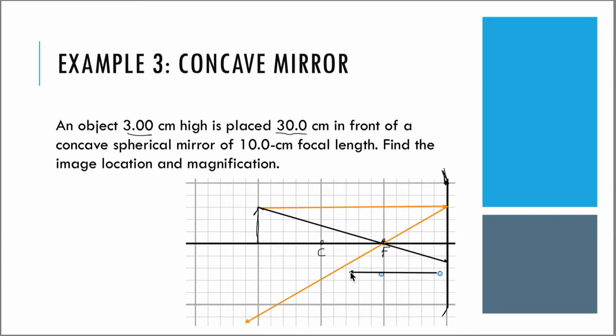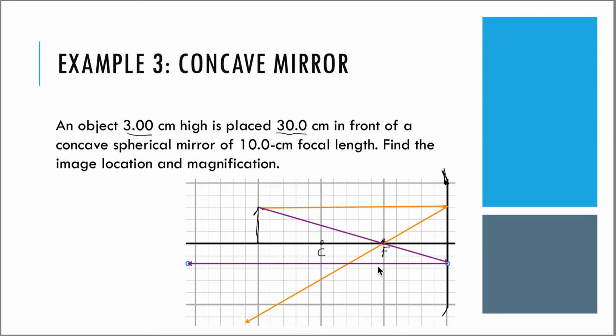Then I'm going to draw another ray that's going to be parallel to the axis. Hopefully you're following along, you have some graph paper, and you're able to get the same diagram that I'm getting. So this is going to be our purple ray here, that is focal point and then parallel.